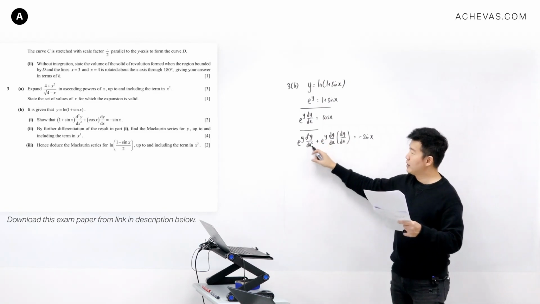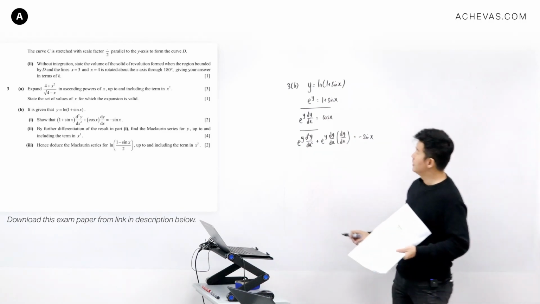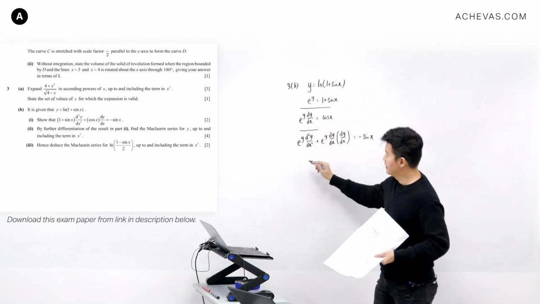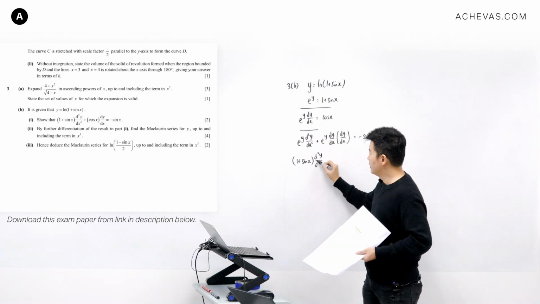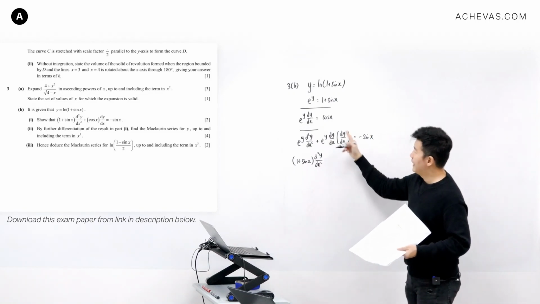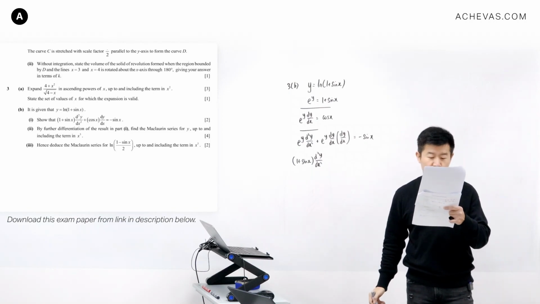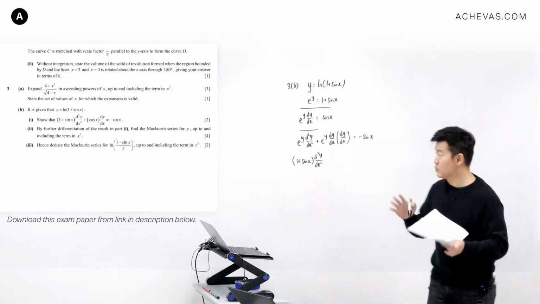And for d square y dx square, it is supposed to be multiplied to 1 plus sine x. And I guess we can replace e to the power of y by 1 plus sine x. So this, I'm going to replace it by 1 plus sine x d square y dx square. And if I were to just compare this to what the question wants me to show, it is going to be cosine x multiplied by one single dy dx.